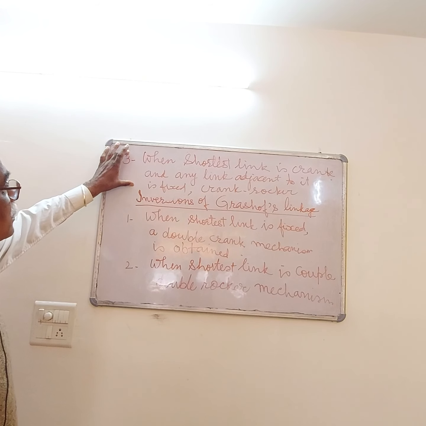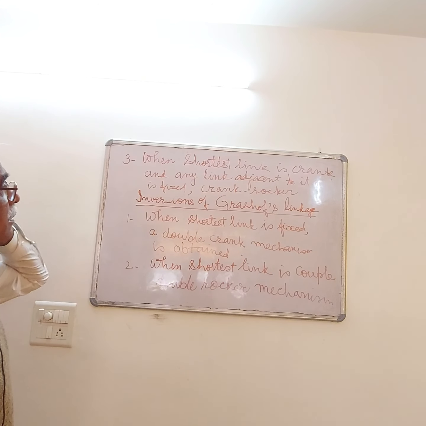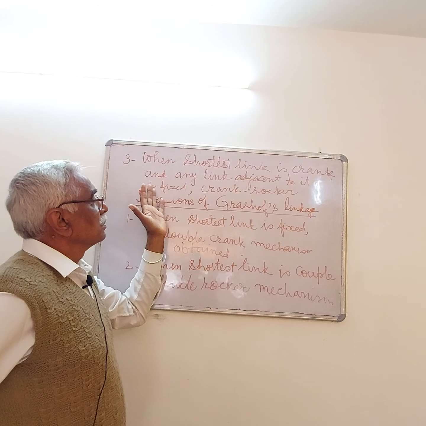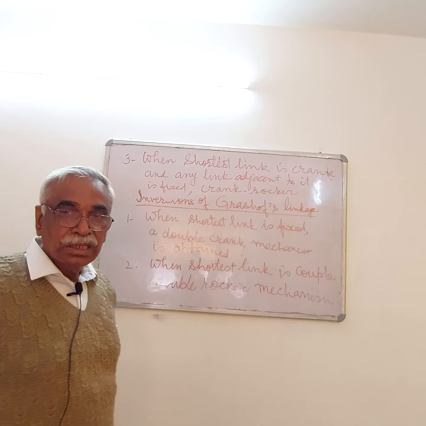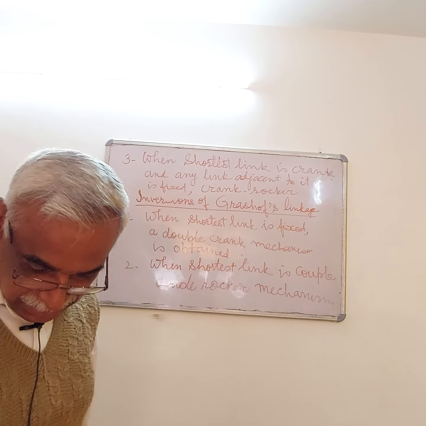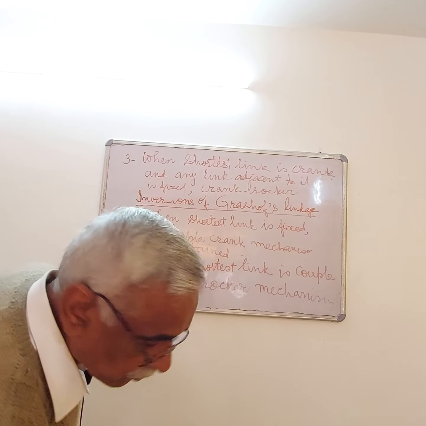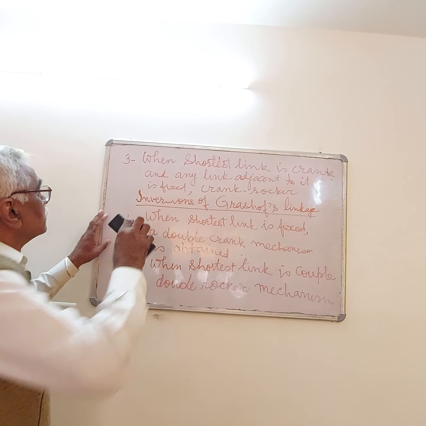Point number 3, when the shortest link is the crank and any link adjacent to it is fixed, a crank rocker mechanism is obtained. We will follow certain numerical problems to make it understood.